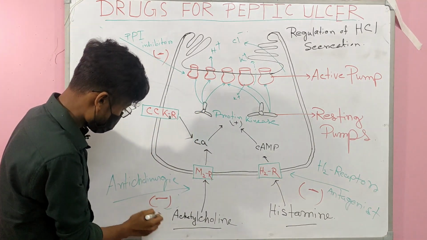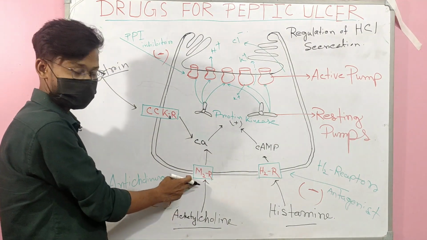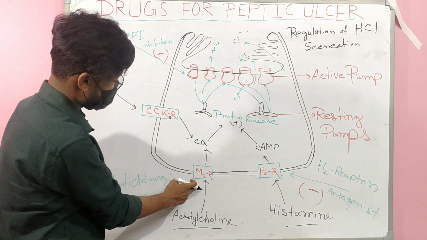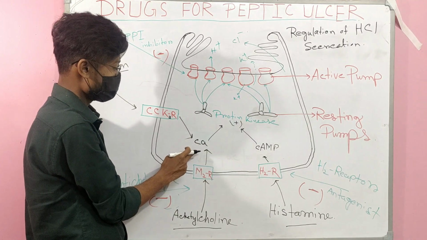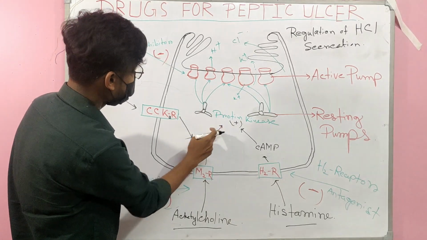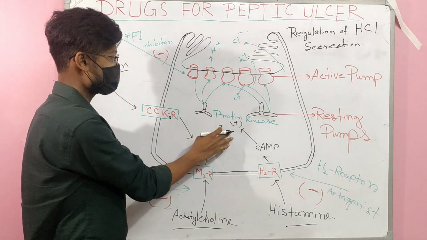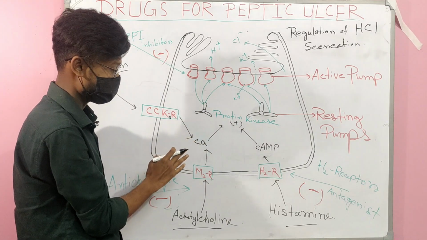Then acetylcholine activates M2 receptor, which increases calcium level, which activates protein kinase, which is responsible for the secretion of acid in our body.